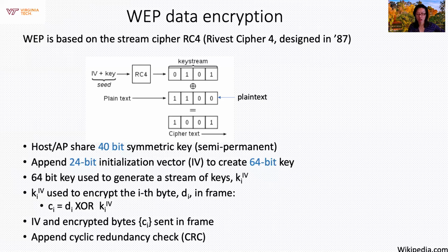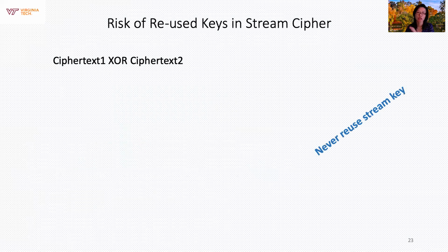If you have another frame, you get another key, and you generate another whole bunch of keys to do the encryption. The encryption is XOR, which is of course very simple, and there's also a cyclic redundancy check.